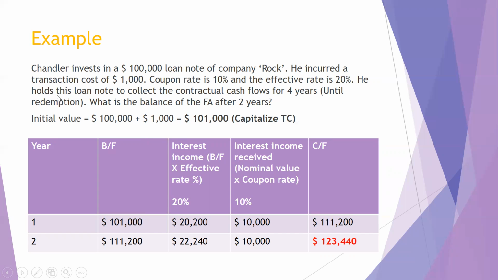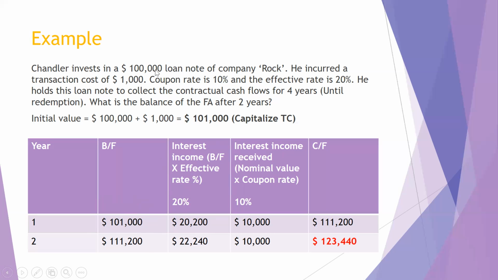So the initial value of the financial asset will be $101,000. We put this $101,000 here as the brought forward for year 1. Then you calculate the interest income, that is brought forward into effective rate of interest, which is 20%, and that will give you this answer. Then you minus interest income received, that is nominal value into coupon rate.